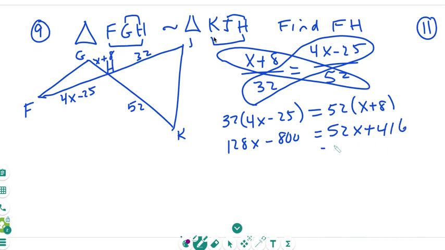I'm going to zero pair out my 52x. And that's going to give me 76x minus 800 is equal to 416.